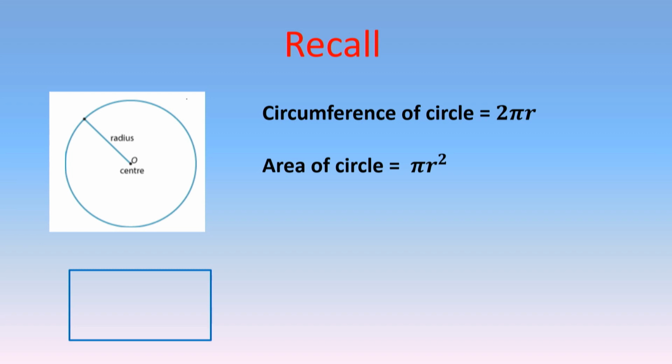This is the rectangle, and if I have a length L and a width W, do you still remember how we calculate the area of a rectangle? Yes, the area of a rectangle is length times width. So we are going to use these now to derive the formula for surface area of a cylinder.